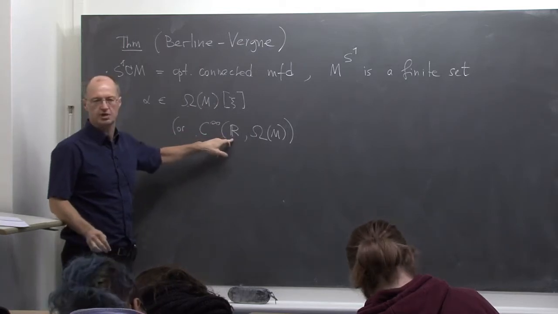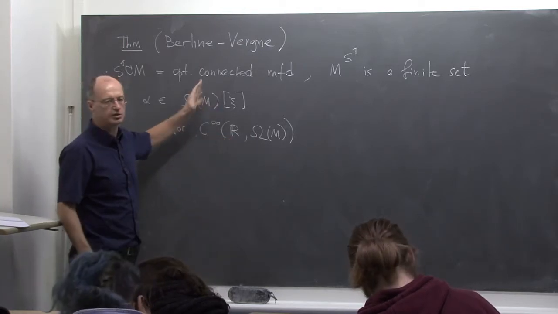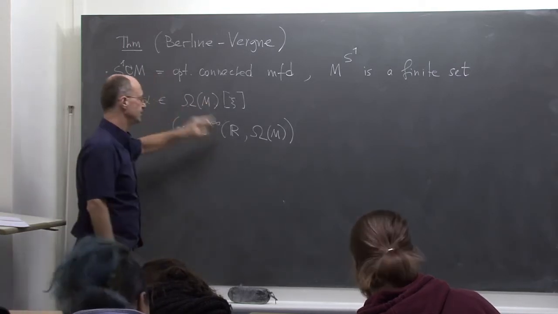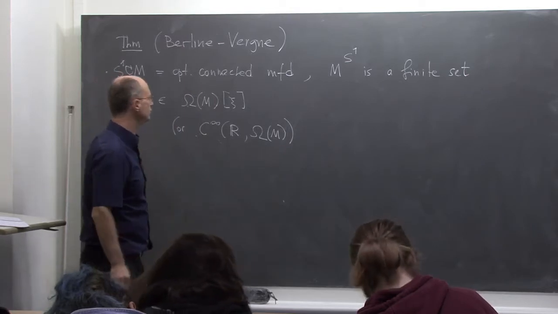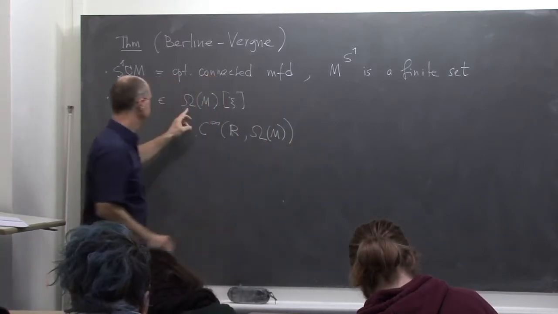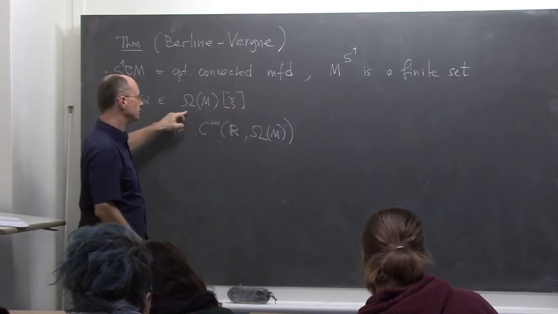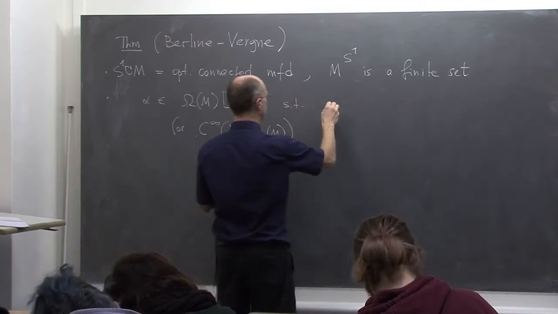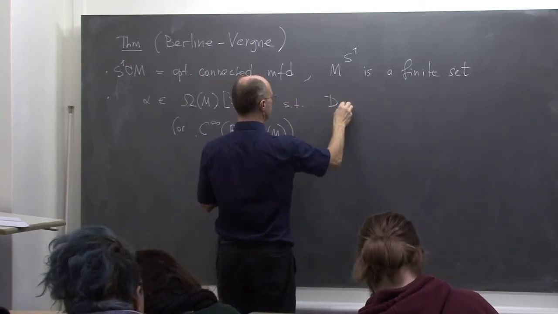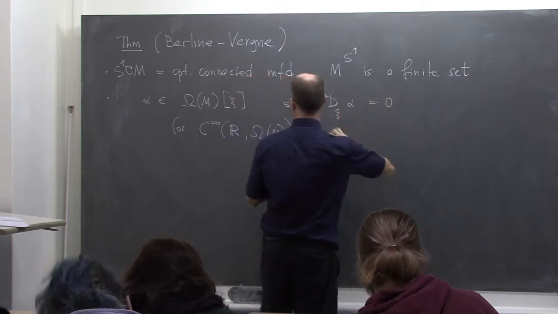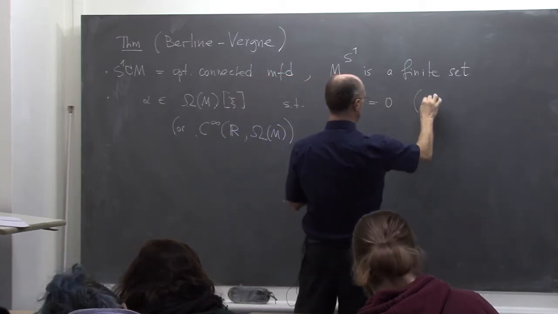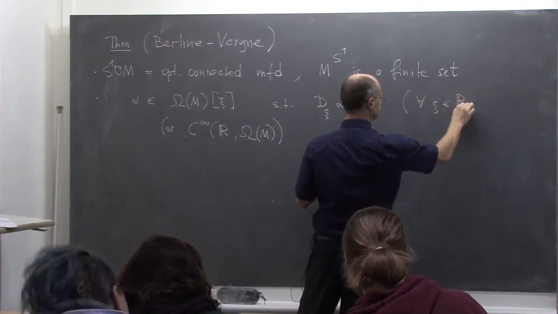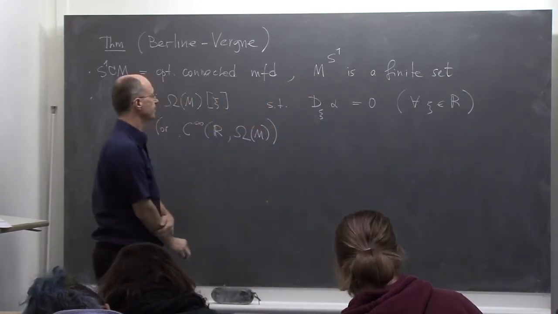Later on, we'll talk about the polynomial versus non-polynomial story, but let's say at the moment we keep both options open. So in any event, it's a function in one variable and a differential form on M such that d_psi alpha is equal to 0, for all psi in R.